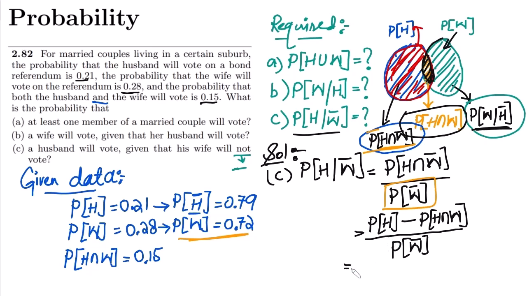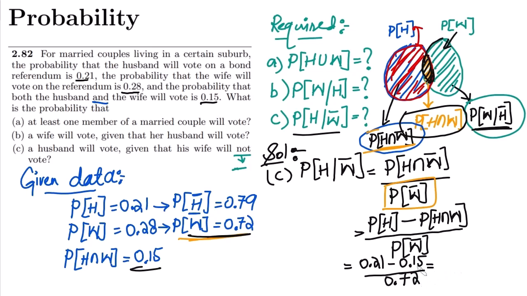Now let me use this and put in the values here. Probability of H is 0.21, minus the probability of H and W, which is also given and is 0.15, divided by the probability of W complement, which is also here, 0.72.